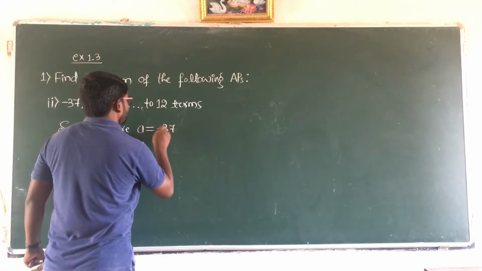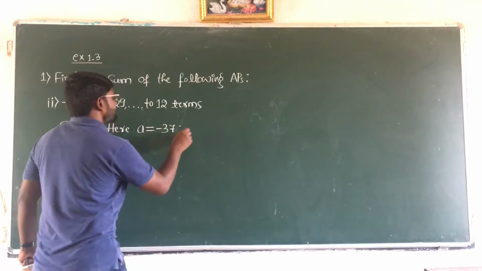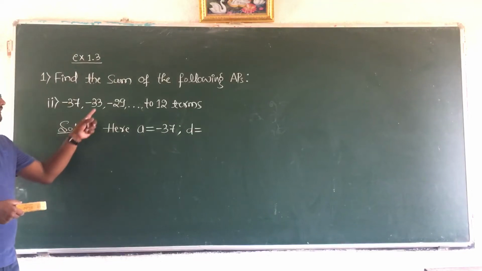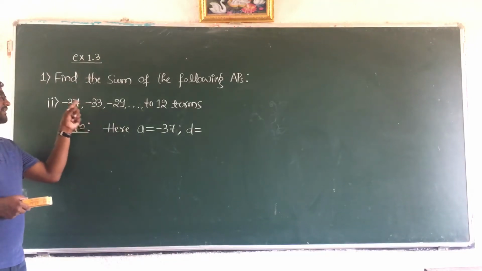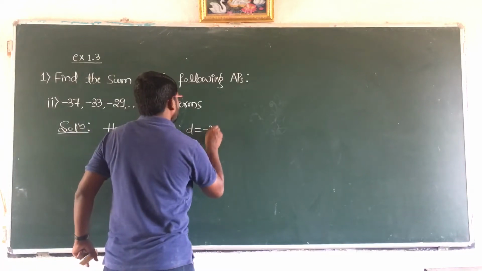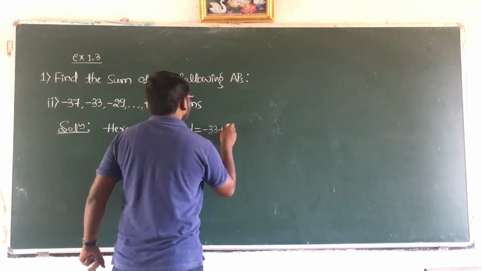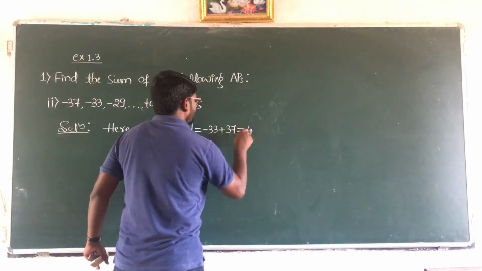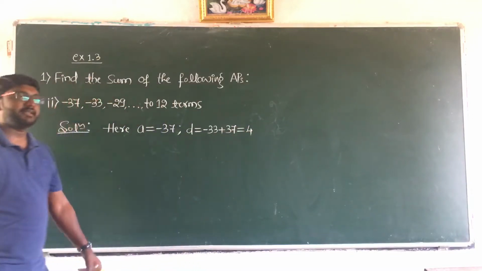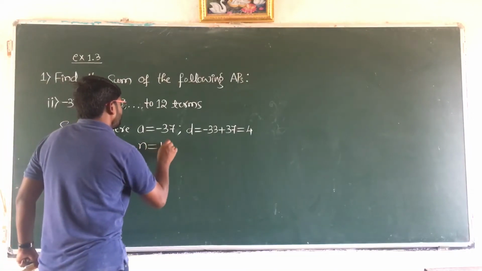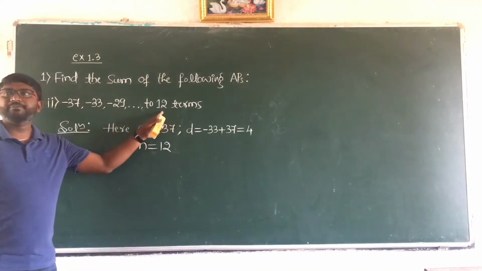Then d is a2 minus a1, which is minus 33 plus 37. Minus of minus becomes plus, so d is equal to 4. And n is equal to 12, as it is clearly given up to 12 terms.